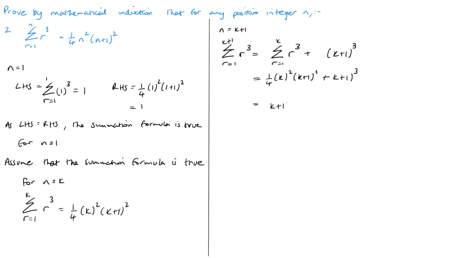Now we take out the k plus 1 squared and we'll also take out the 1/4. So that leaves me with k squared from this one because I've taken that and that out, plus 4 k plus 1. So it's 1/4 k plus 1 squared, and then I've got k squared plus 4k plus 4.